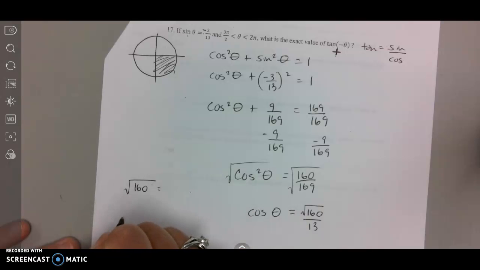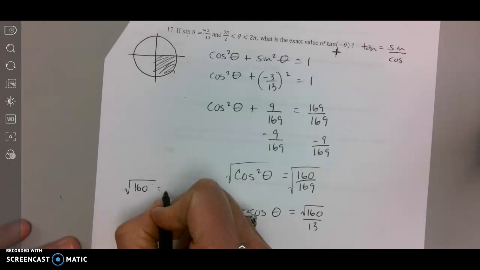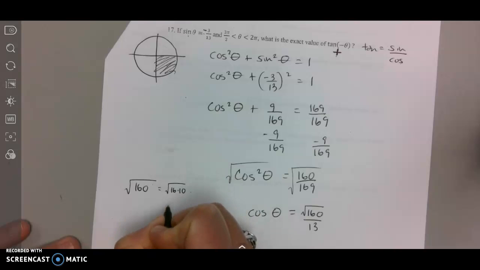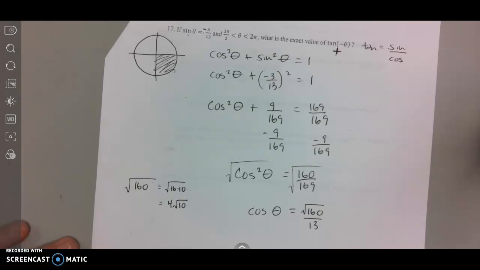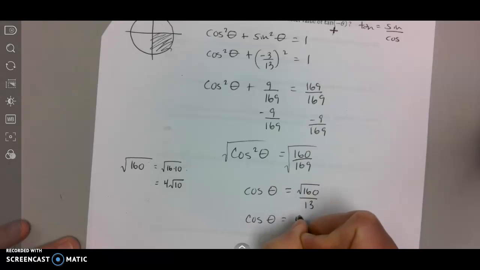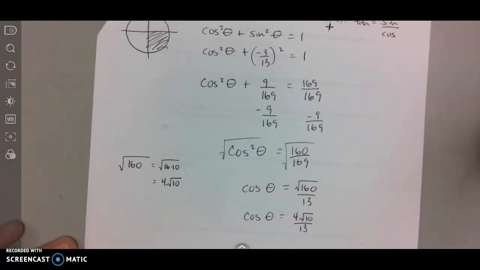Oh, not divided by 100, I meant divided by 10. So it's 16 times 10, which is 4 square root of 10. So the cosine of theta is 4 square root of 10 over 13.